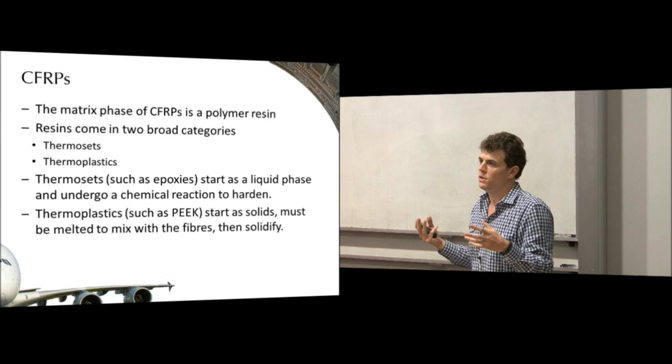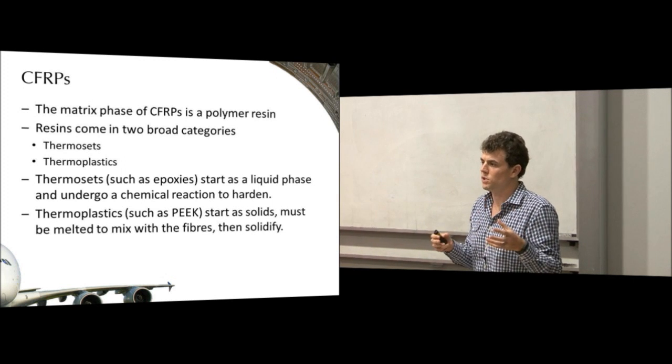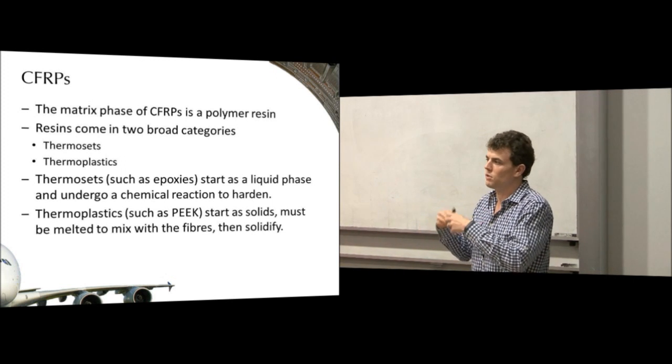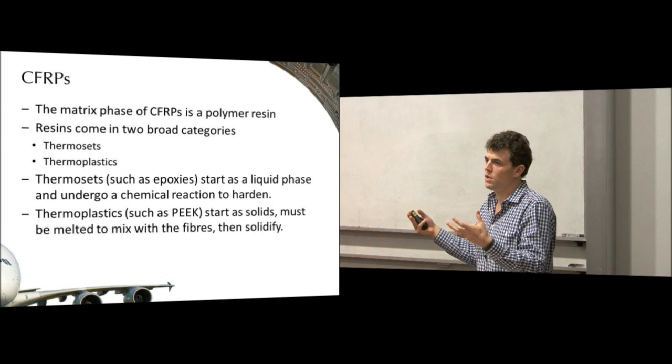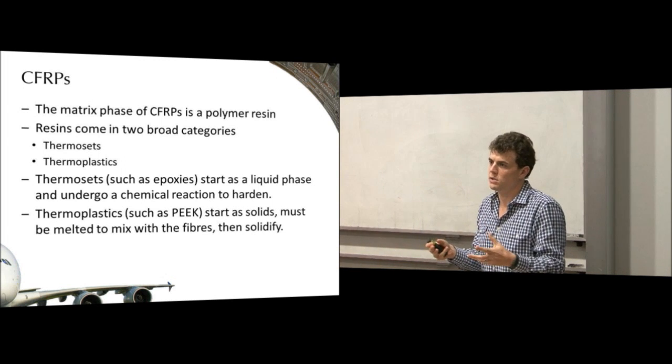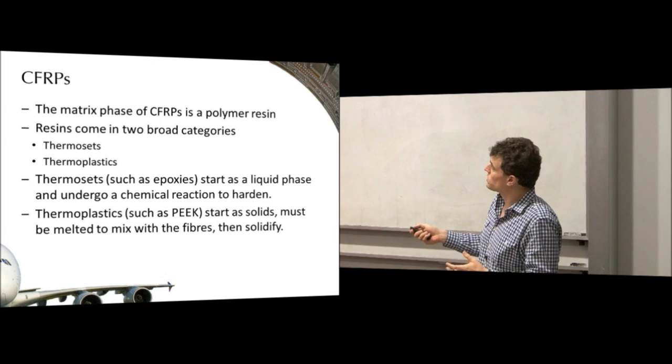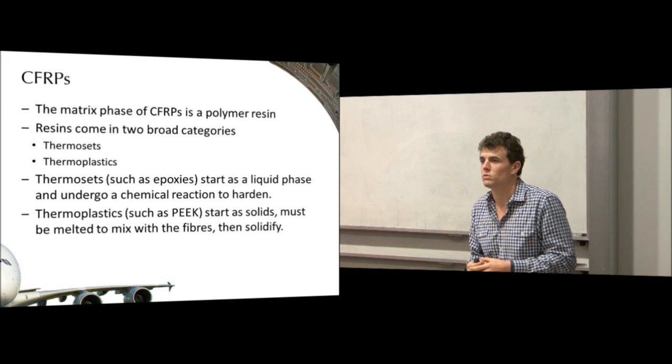They start as a solid material, you melt them, so they become liquid when they're molten, and then they cool again and go hard again. So thermoplastics are a phase change, whereas thermosets are a chemical reaction.